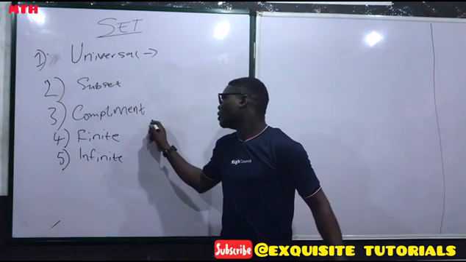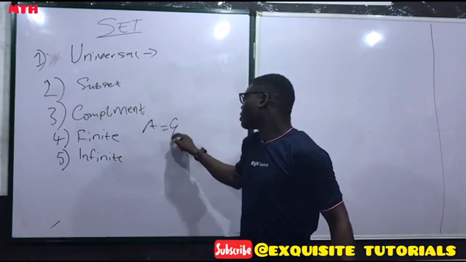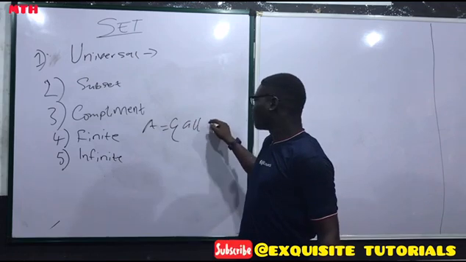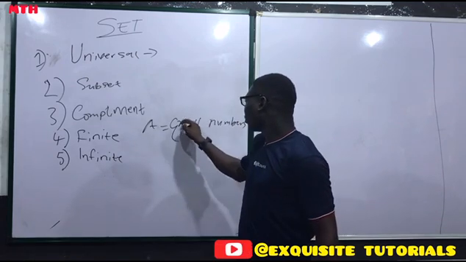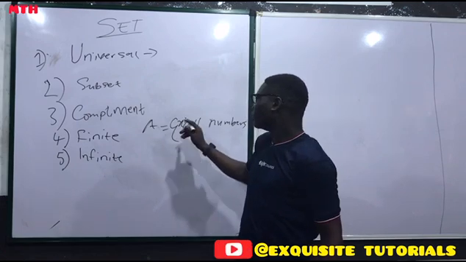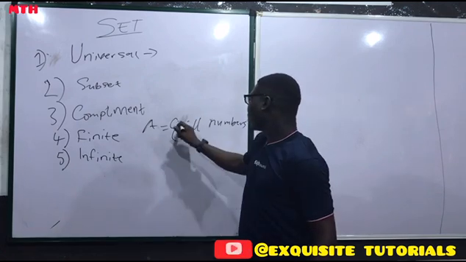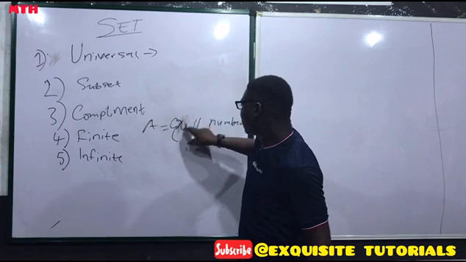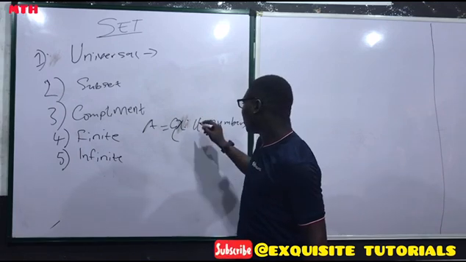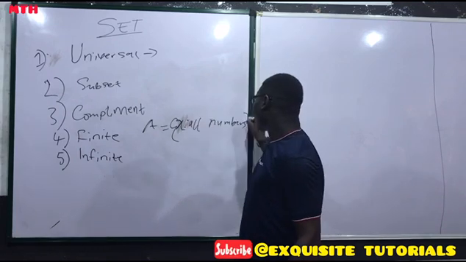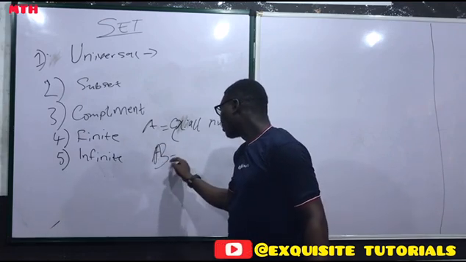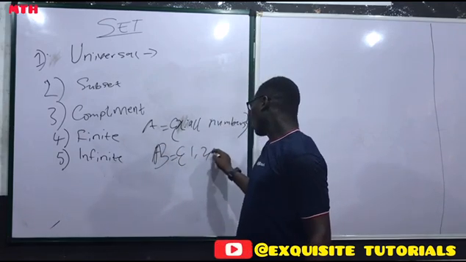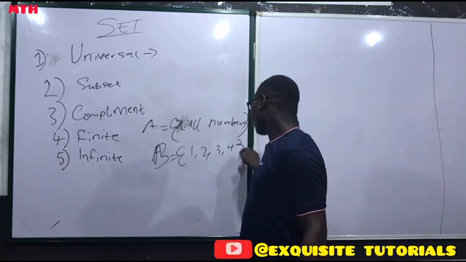So let's say A is the set of all numbers. Don't forget this notation. A is the set of all x such that x is a number. And let's say B, for example, is 1, 2, 3, 4.